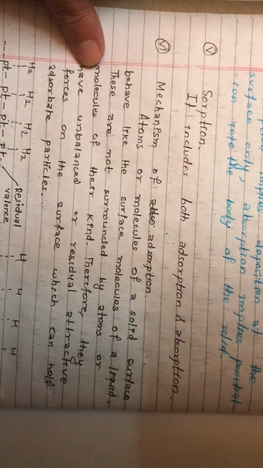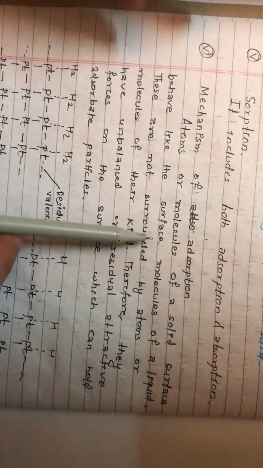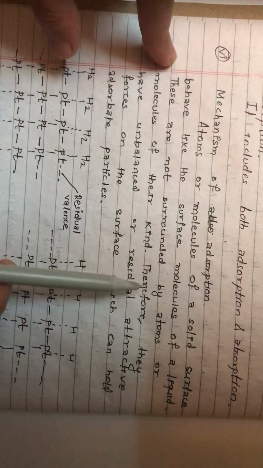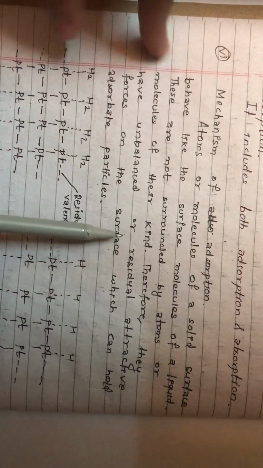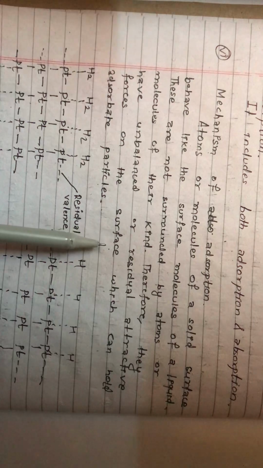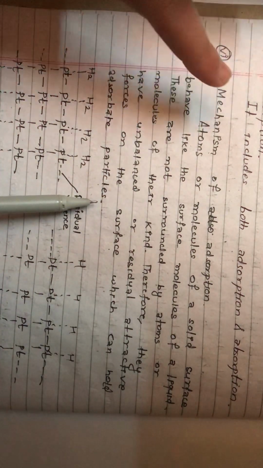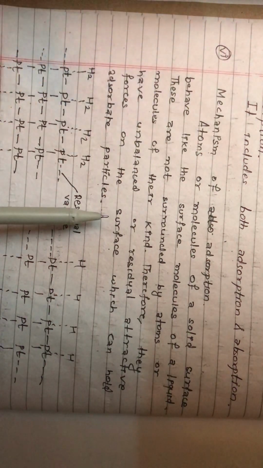The mechanism of adsorption. Atoms or molecules of a solid surface behave like the surface molecules of a liquid. These are not surrounded by atoms or molecules of their kind, therefore they have unbalanced or residual attractive forces on the surface which can hold adsorbate particles. The molecules on the surface do not have any other molecules of their own kind around them.